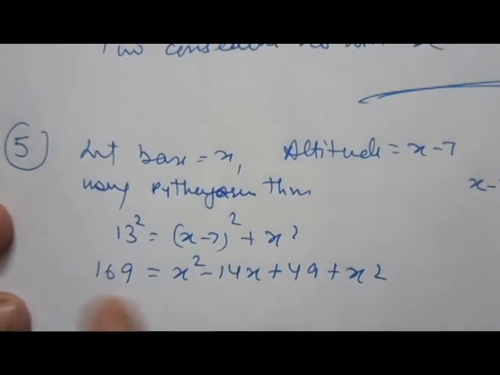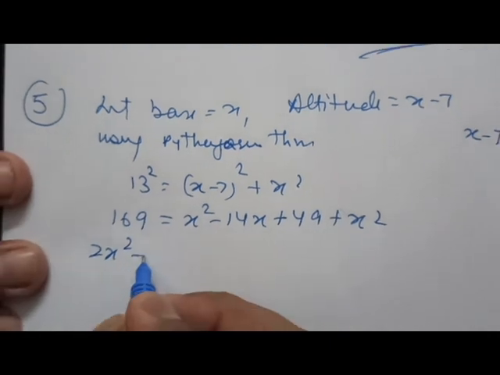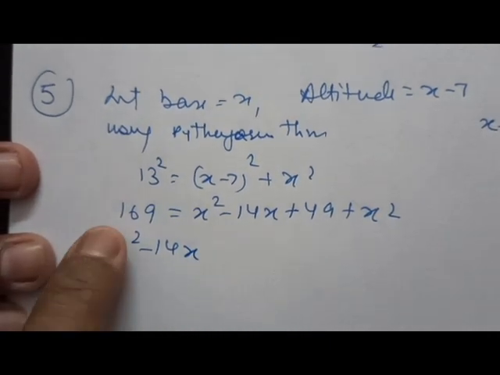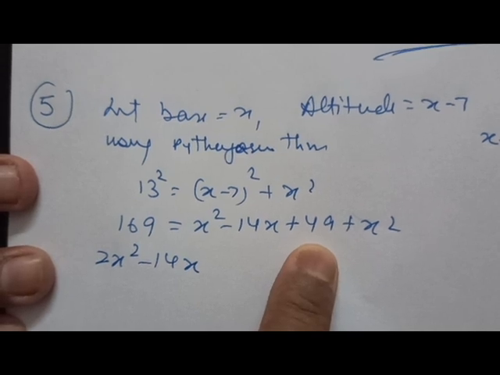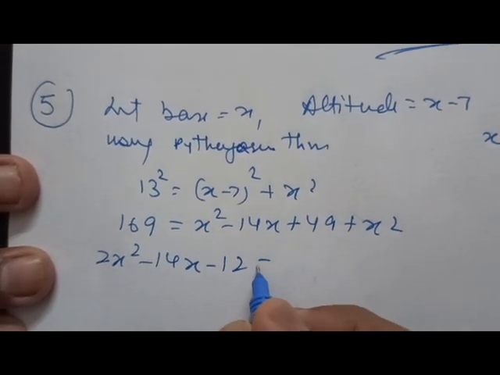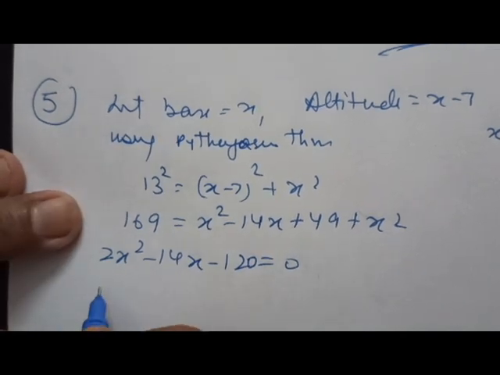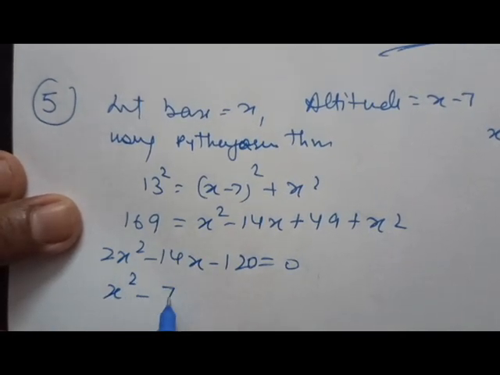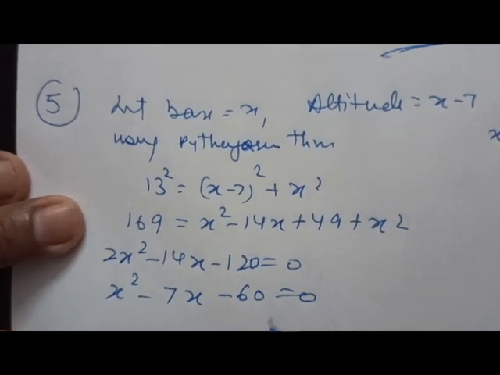Let us bring all the terms to the same side. So this will become 2x square minus 14x. 169 goes to this side, it will become minus 120 is equal to 0. We divide all the terms by 2, so we get x square minus 7x minus 60 is equal to 0.